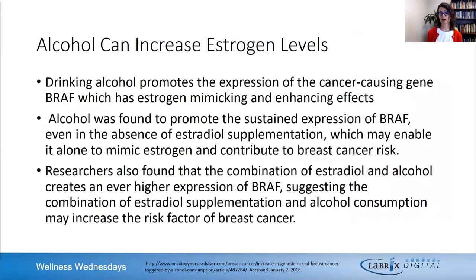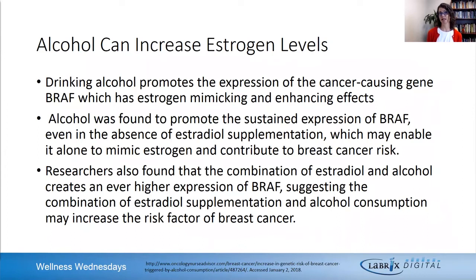As well, alcohol can increase estrogen levels because it promotes the expression of a cancer-causing gene called BRAF, which has estrogen mimicking and enhancing effects. Alcohol has been found to promote the sustained expression of this gene, even in the absence of estradiol supplementation.